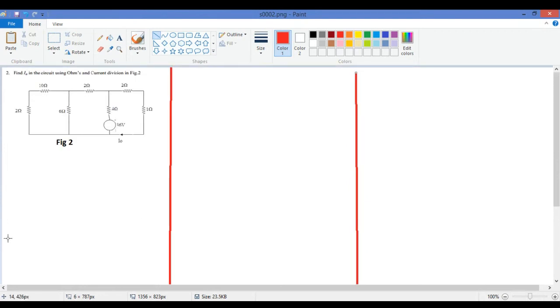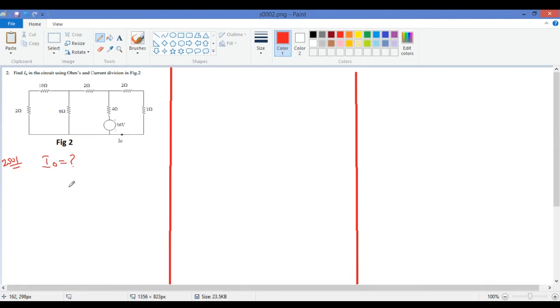Okay, so let us start solving it. Second solution, we need to find out I naught. Okay, I naught, and this is the circuit he has given.